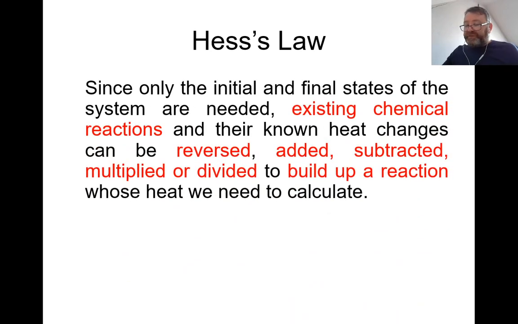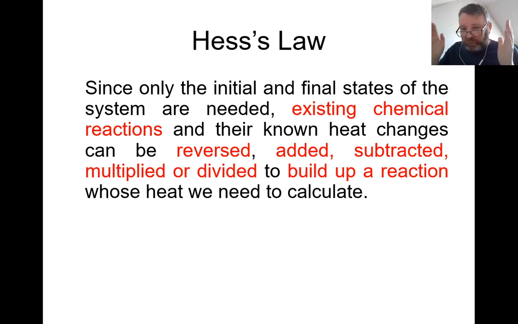So, since only the initial and final states of the system are needed, existing chemical reactions and their known heat changes can be reversed, added, subtracted, multiplied, divided to build up the reaction whose heat change we want to calculate. Okay, so listen to that again. Some chemical reactions are difficult to do in the lab, so we don't do them.